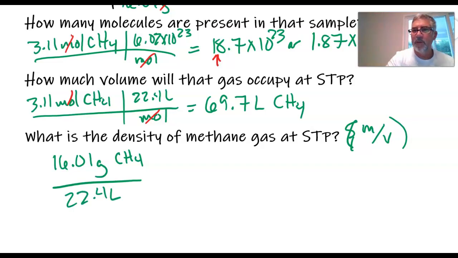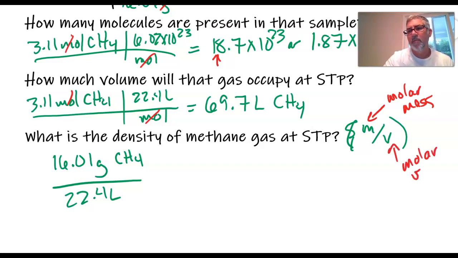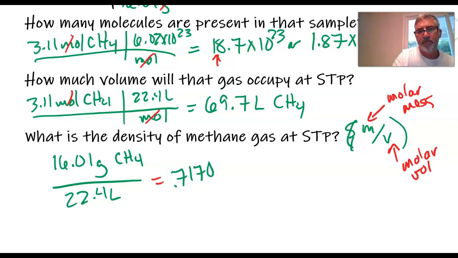So for density, it's molar mass over molar volume. When I do that, you'll get 0.7170 grams per liter. I couldn't cancel out anything, and it has to be mass over volume, so I get grams and liters.